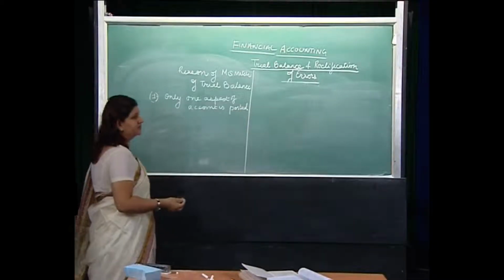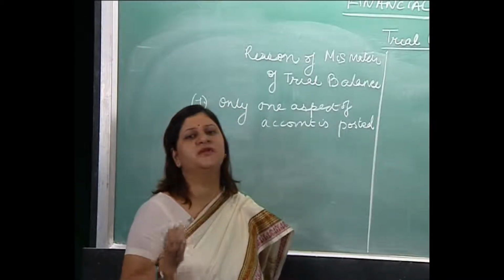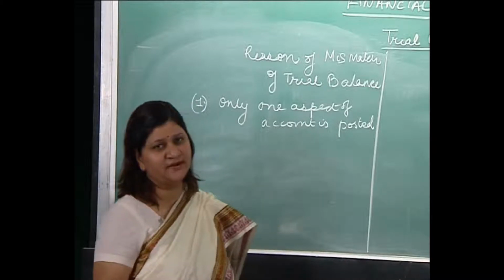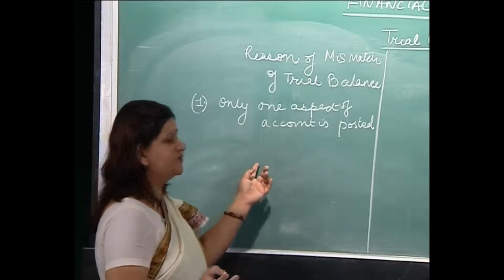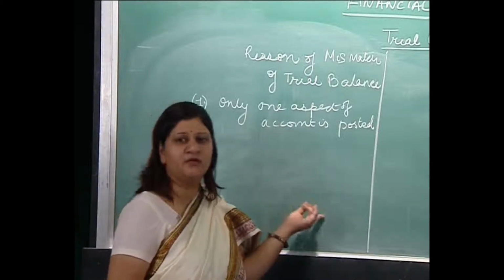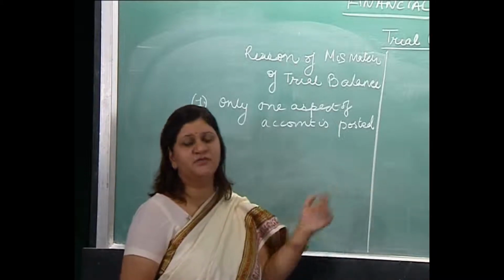meaning thereby that we know that accounting is based on the double entry system. Each debit has a corresponding credit. So while posting in the books of accounts, while making the ledger account, we have posted just in one account and we have forgotten to do the posting in the second or corresponding account.